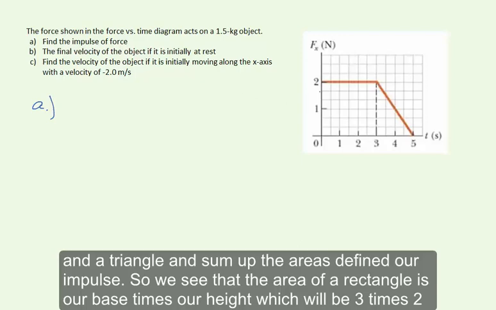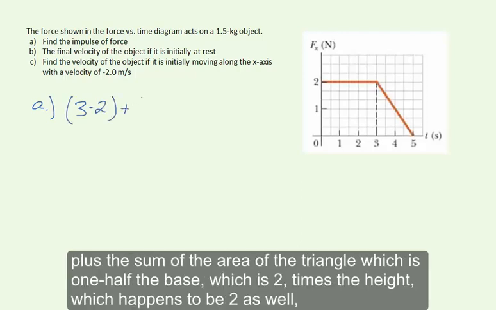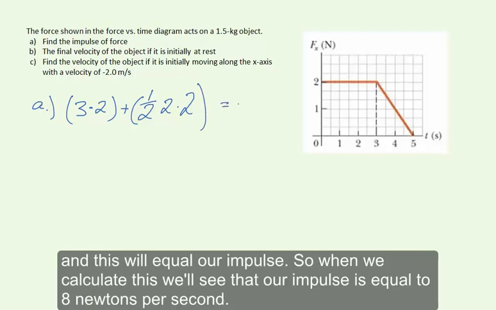The area of a rectangle is our base times our height, which will be 3 times 2, plus the area of the triangle, which is 1/2 the base, which is 2, times the height, which happens to be 2 as well. And this will equal our impulse. When we calculate this, we'll see that our impulse is equal to 8 newton-seconds.